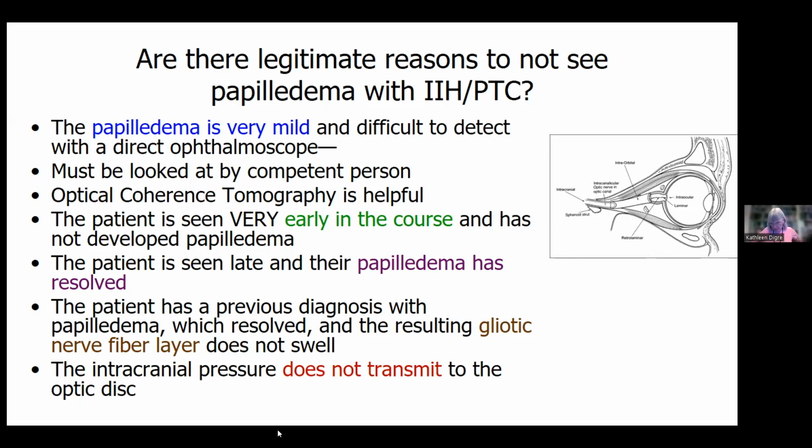And sometimes, on this little diagram to the right, the spinal fluid has to track along the optic nerve from inside the brain to the optic disc. And for some people, there's not enough room for that fluid to get to the disc to push on the back of the eye to give swelling. So there are legitimate reasons why somebody might not have papilledema.